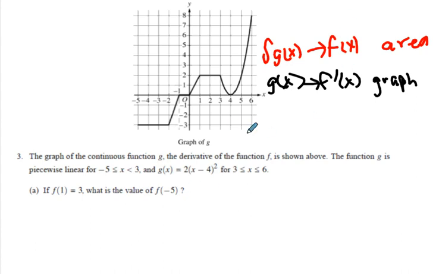Okay, and if we took g prime of x, it would be the second derivative of f of x. And we would be talking about its slopes.